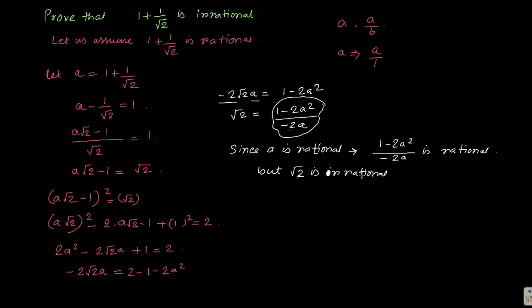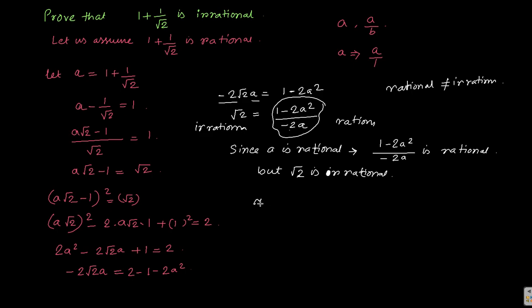We have already proved that root 2 is irrational. So if a is rational, then 1 minus 2a square by minus 2a is rational, but root 2 is irrational. Left hand side is irrational and right hand side is rational. It cannot be possible. Rational is not equal to irrational. It is always true: rational is equal to rational, irrational is equal to irrational. It means that these contradicts.